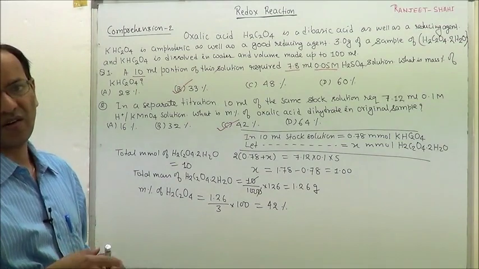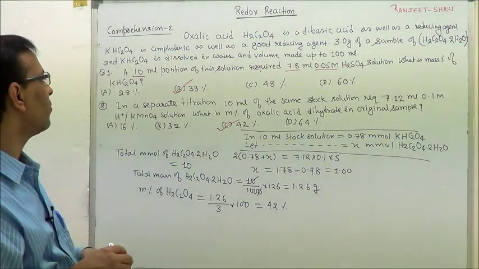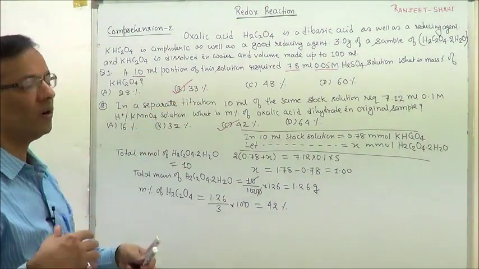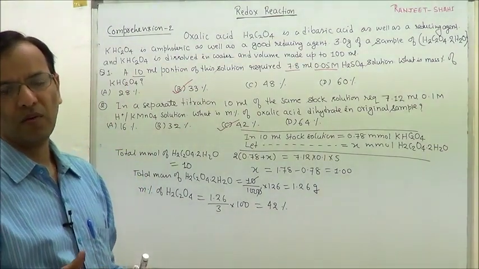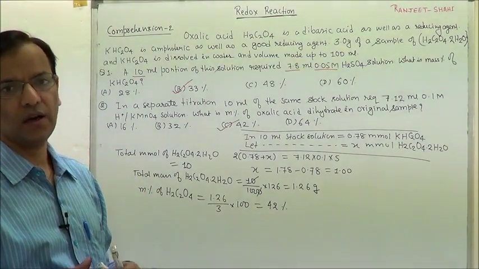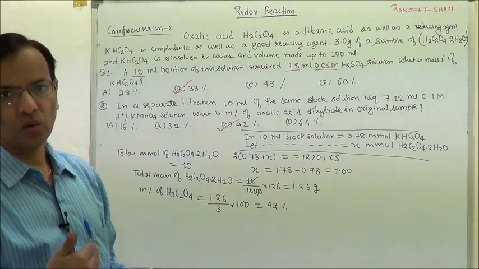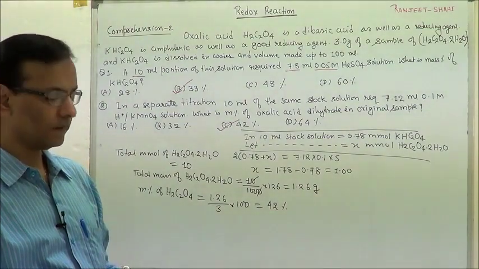In this titration, we used the information of the first question. In the first question, we determined the millimole of potassium hydrogen oxalate by acid-base titration, and that we used in the second question in redox titration.